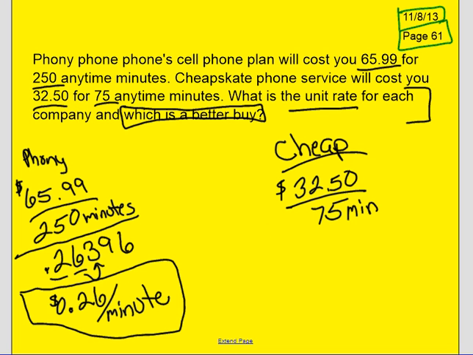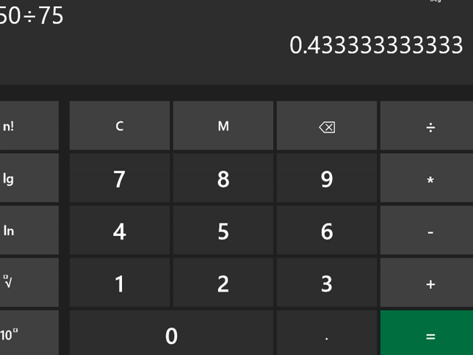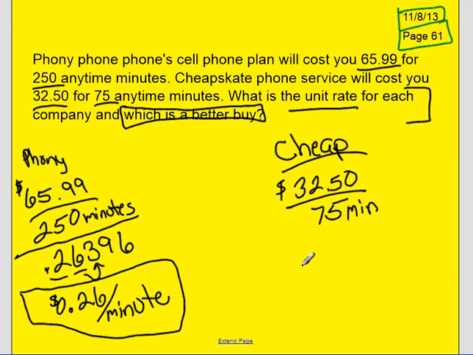And now let's go to our calculator once again. 32.50 divided by 75. Which gives us 0.43333333. We can keep that as 0.43. Okay, because we're just dealing with cents here. So that is 43 cents per minute.